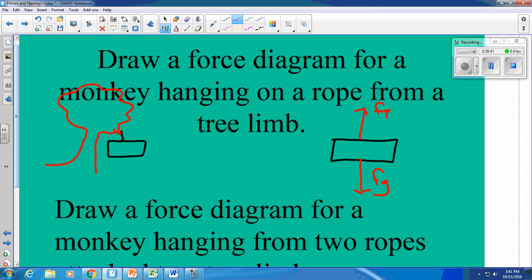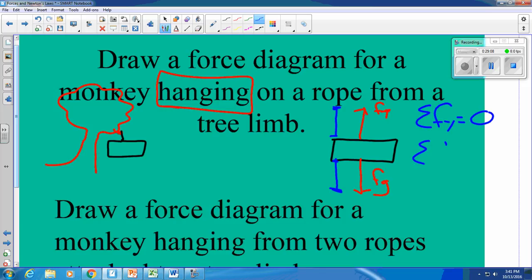Now, if I'm thinking here, the monkey is hanging, therefore it is stationary. It's not swinging, it's not climbing the rope, it's not falling to the earth. It is stationary, which must mean the length of this force of tension arrow must equal the length of my force of gravity arrow, because my total forces in that y direction need to be 0 if nothing's happening.